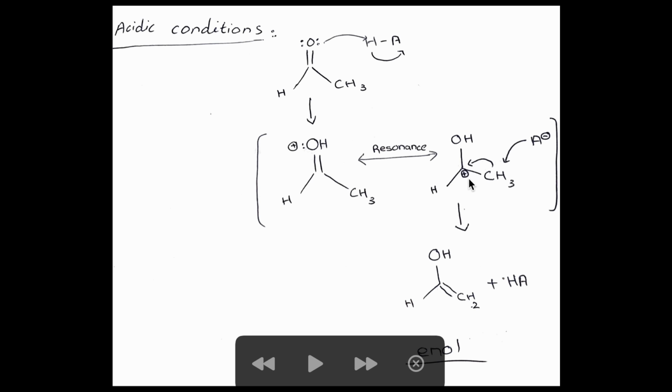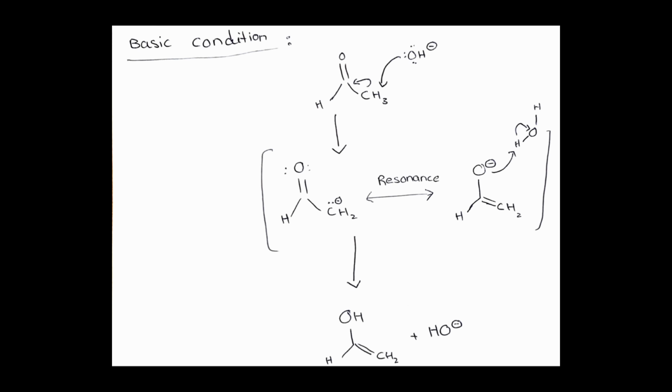So there's a movement of four electrons. This will make our enol and HA again, our catalyst again. So we use this catalyst in the beginning to make the enol, and at the end we remade it, so we didn't use up this catalyst.